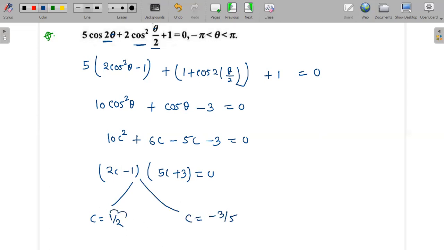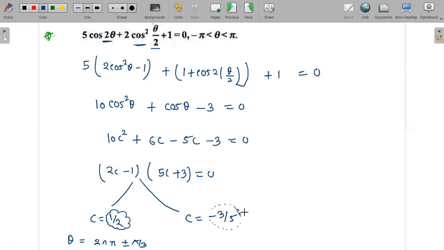For 1 by 2, we are all aware of that particular angle in the principal range. So for cosine theta equals 1 by 2, one may write down the general solution as 2n pi plus or minus pi by 3. But so far in maths, we don't know what angle is responsible for negative 3 by 5.